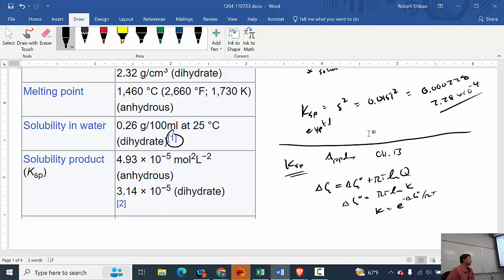So if we figure out what delta G naught is, then we could get this. Delta G naught's very easy.